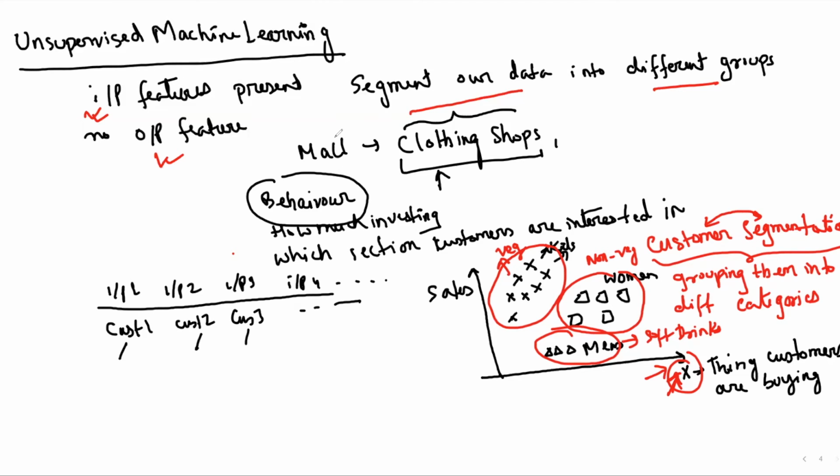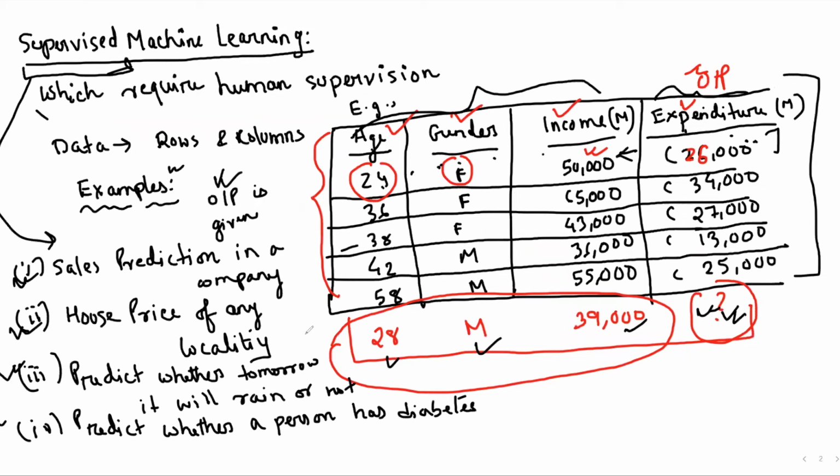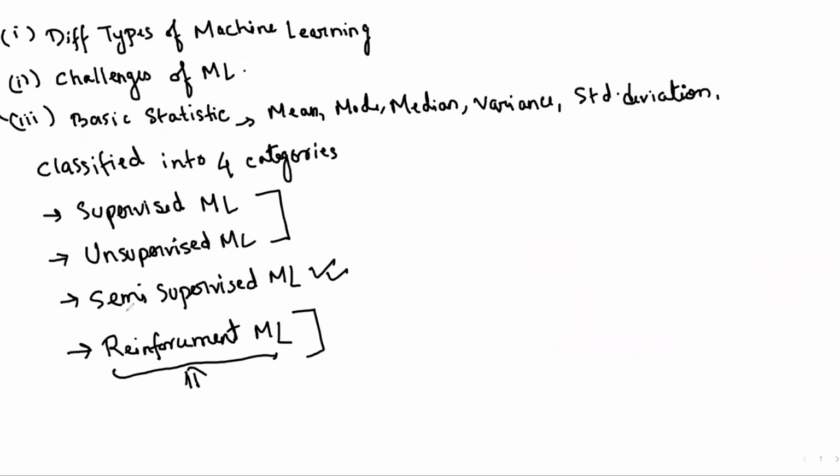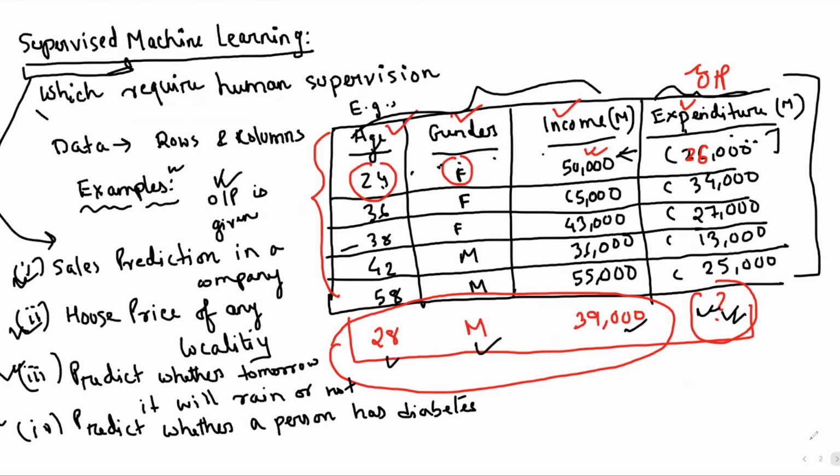Okay, so now we have covered what is unsupervised machine learning. Now, the other one is semi-supervised machine learning. The third one is semi-supervised machine learning.